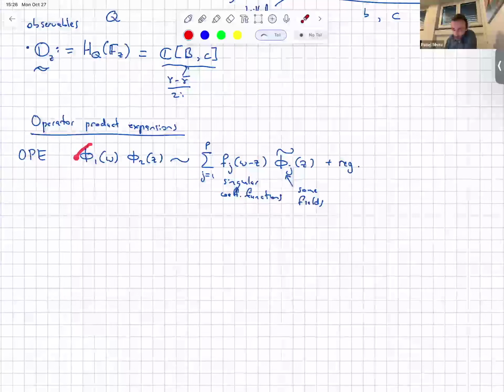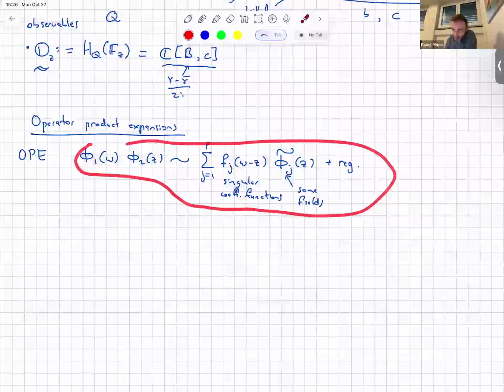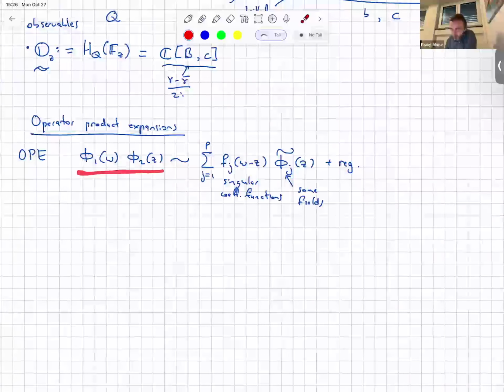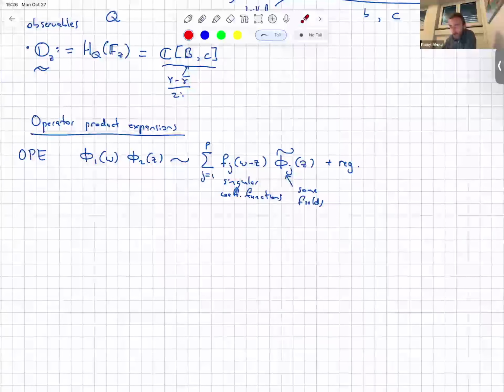But what does this expression mean? Such an expression means that I can make a replacement of the left side with the right side under a correlator.